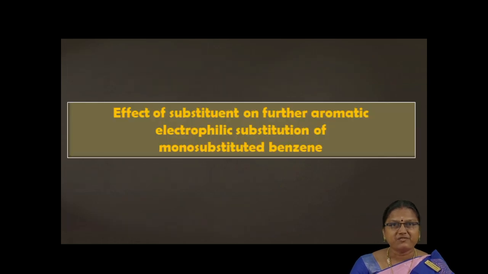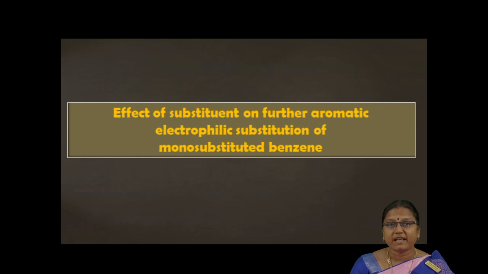In the last video, we have seen aromatic electrophilic substitution reactions, including nitration, sulfonation, Friedel-Crafts acylation, alkylation, etc. In that, benzene is substituted by an electrophile, leading to the monosubstituted product.